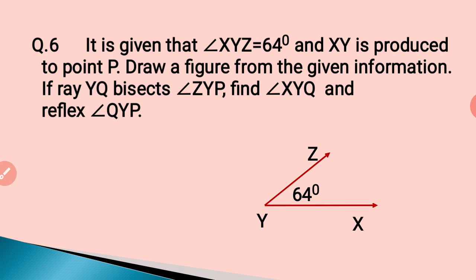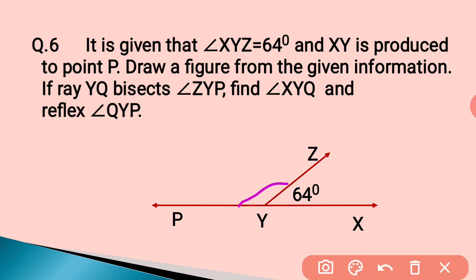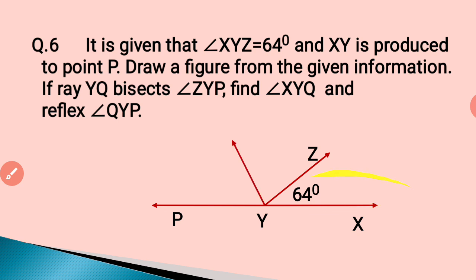And XY is produced to point P. So we are going to produce it, that is extend it on the other side up to point P. Draw a figure from the given information, that is already done. If ray YQ bisects angle ZYP. So this is angle ZYP and we are told that there is ray YQ which is bisecting it. So this is how we get YQ, which has now bisected angle ZYP.